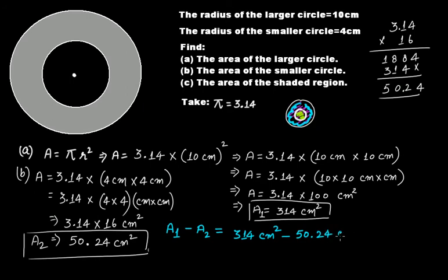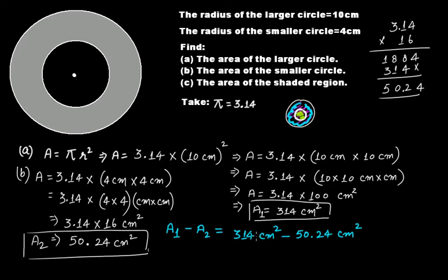Now, whenever you are performing any addition or subtraction or multiplication or division, always remember that you first check the units. Units should be same. Suppose if this was 314 meter square and this was in centimeter square, then you cannot directly subtract it.